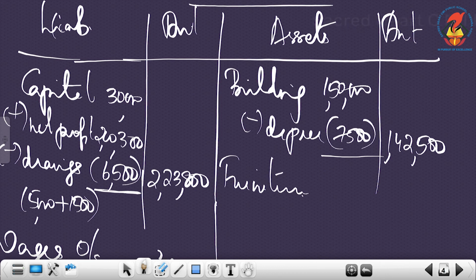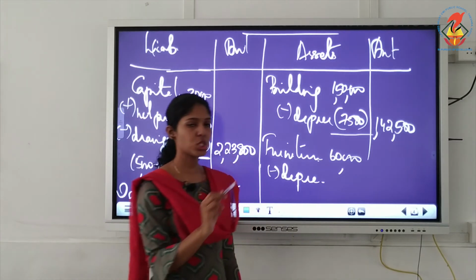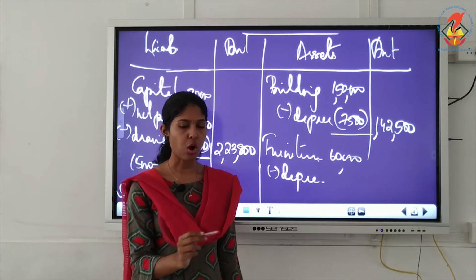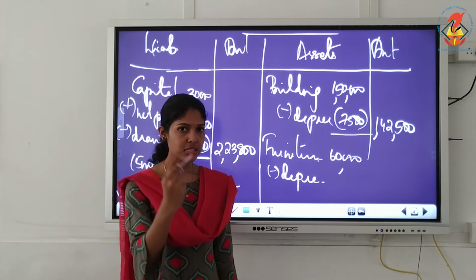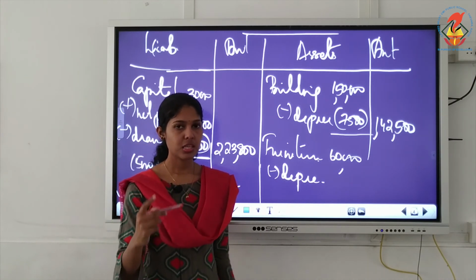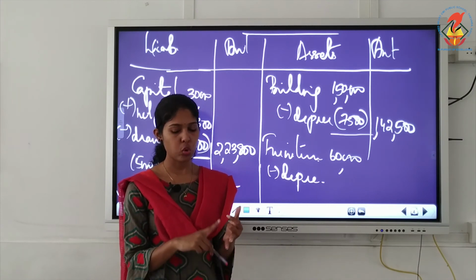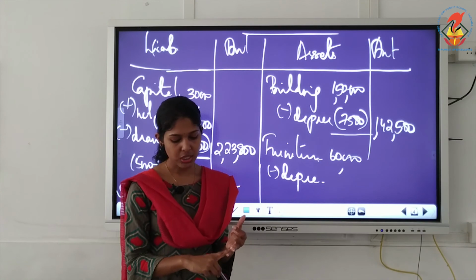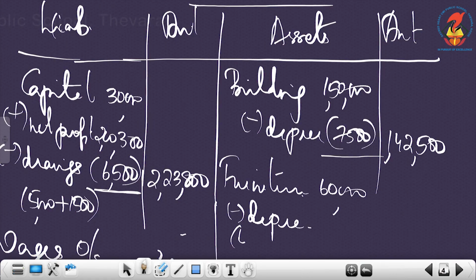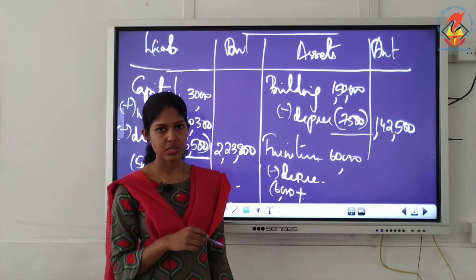Then the next is furniture. Furniture amount is 60,000 less depreciation. Did you see one item like provision for depreciation on furniture inside the trial balance? That also you have to consider. Other than that, there is adjustment for depreciation on furniture, and that we have computed, we got 6,000. 10% on 60,000 we computed, we got 6,000.